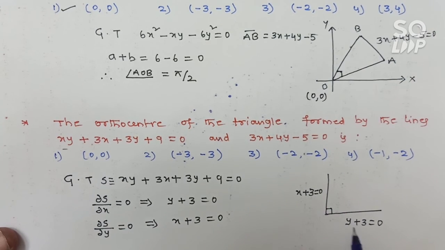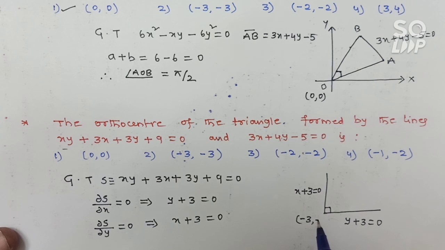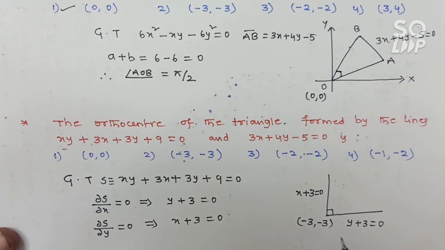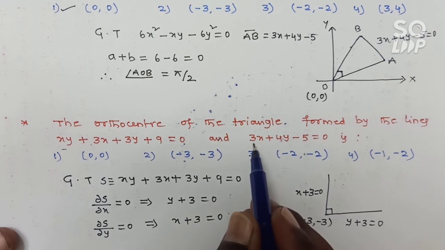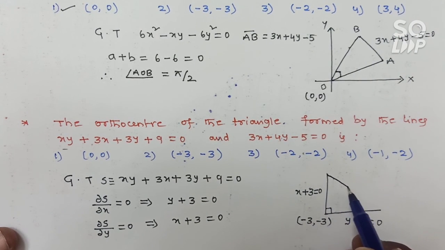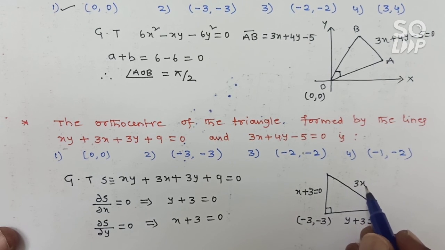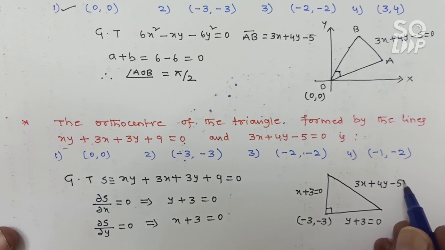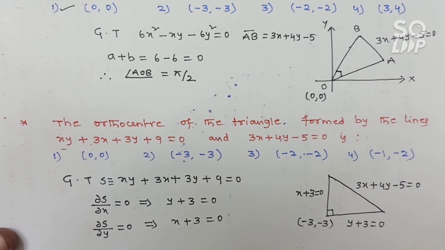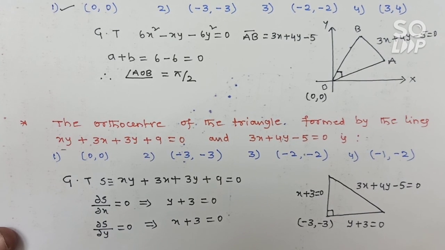Right? The point of intersection of these two is minus 3 comma minus 3, because x is equal to minus 3 and y is equal to minus 3. The third side will be 3x plus 4y minus 5 is equal to 0. This is the third side. So clearly the given equations form a right angle triangle.